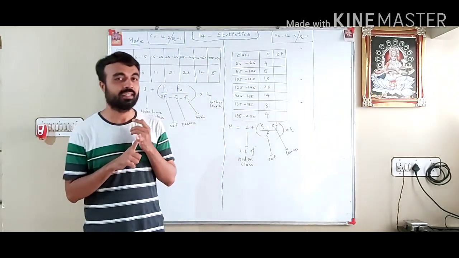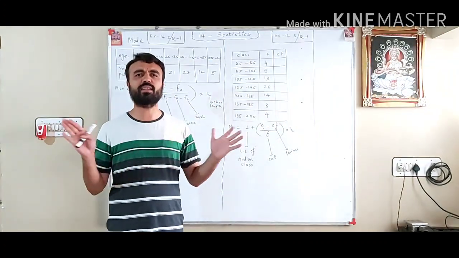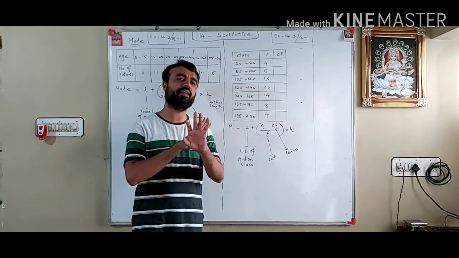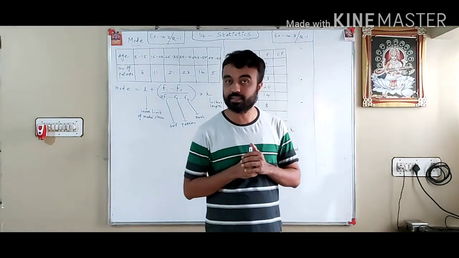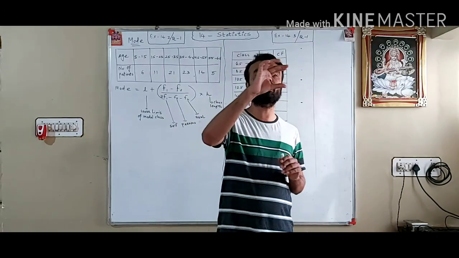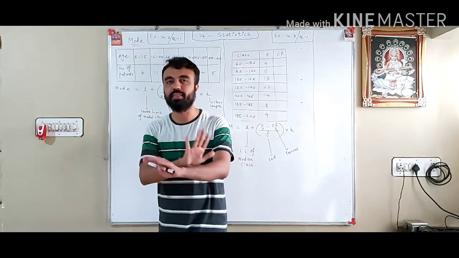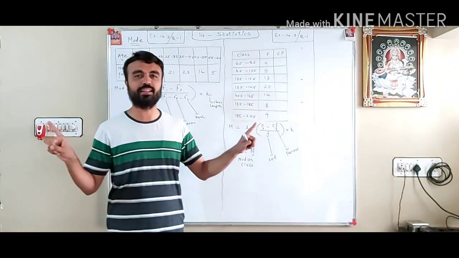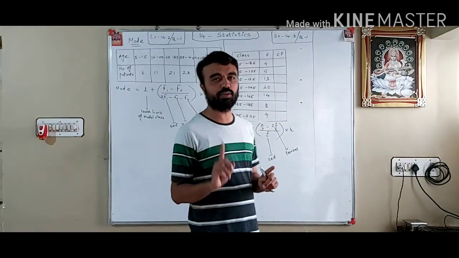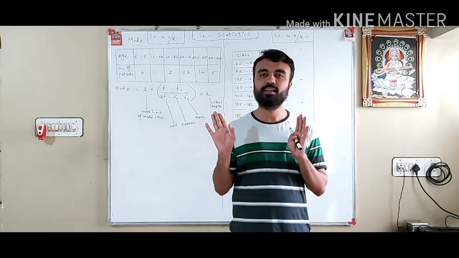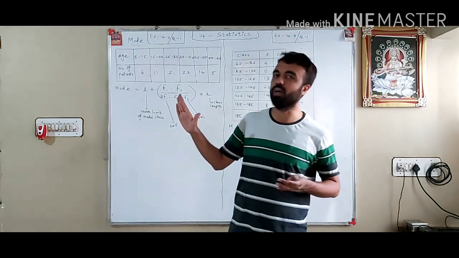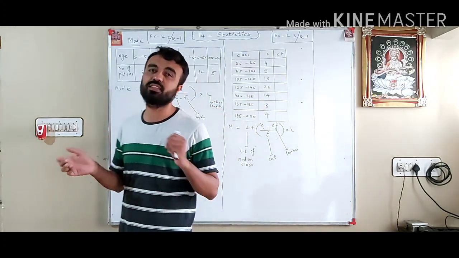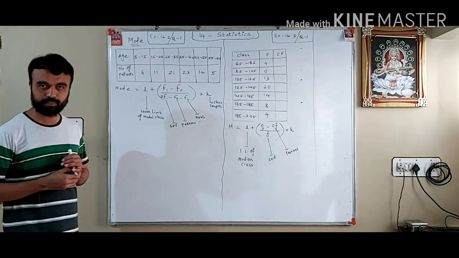You just need to take the help of the question table. That is it. In the answer you need to write down only the formula, put the values, and then you are done. So that is why this topic is very simple, right?